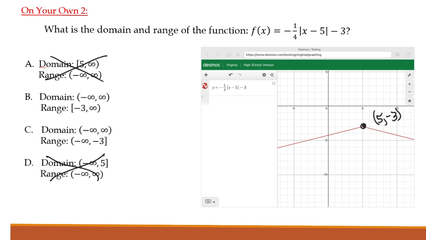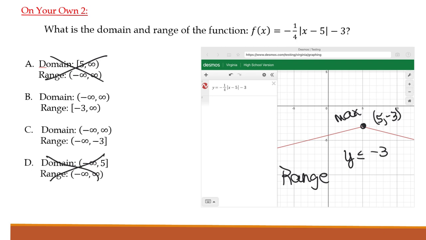Now, when we learned in quadratic functions and radical functions, when the graph was reflected over that x-axis, that also reflects that range. So this is a maximum value, a highest point. All of the x values, or the y values, I'm sorry, are going to be less than or equal to -3. So in order to show the range as less than or equal to -3, that means that we're going from -3 to -infinity.